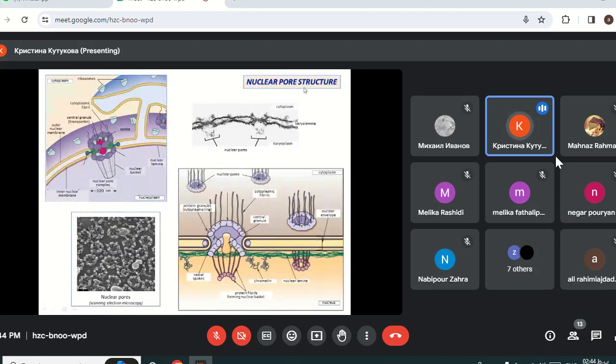The nuclear pores are for transporting some molecules from cytoplasm to cell nucleus and backwards from nucleus to cytoplasm, and also for transportation of newly synthesized ribosomes from the nucleolus, from cell nucleus towards the cell cytoplasm.